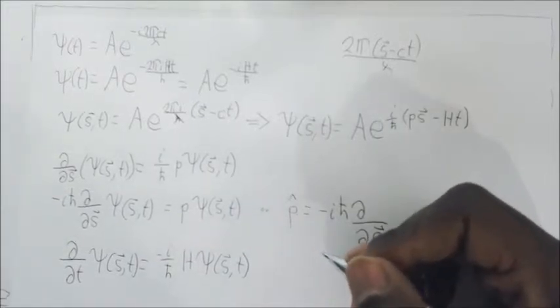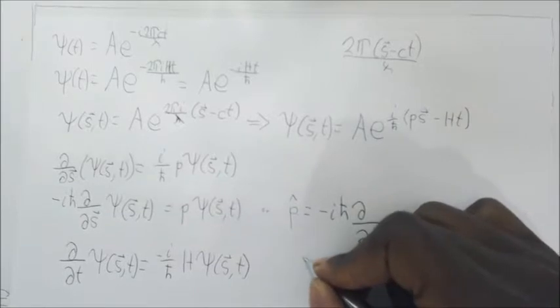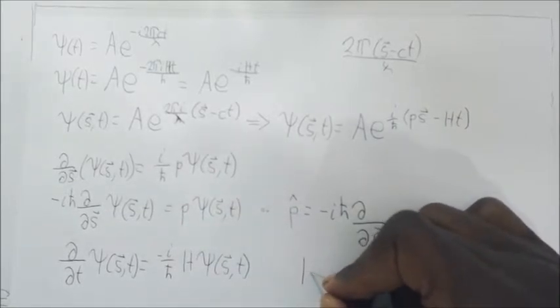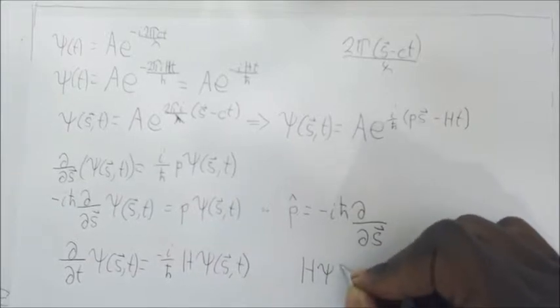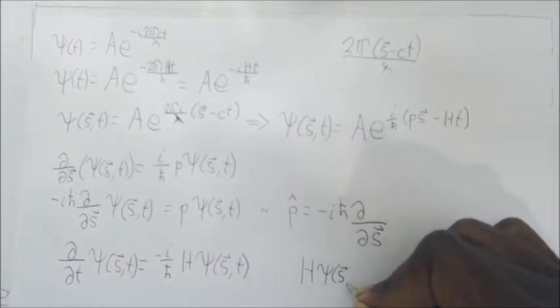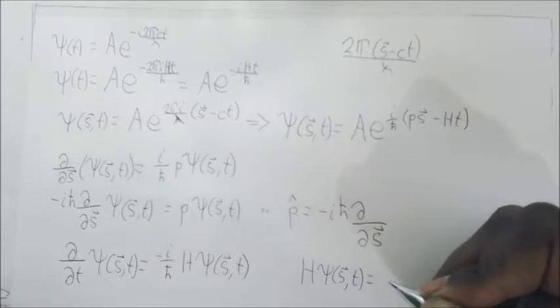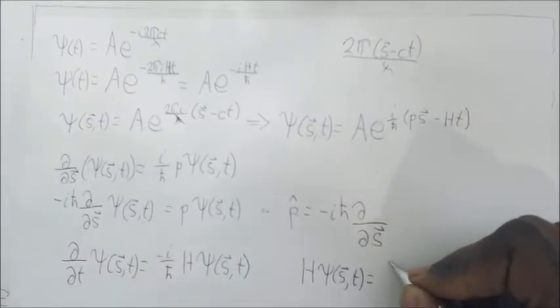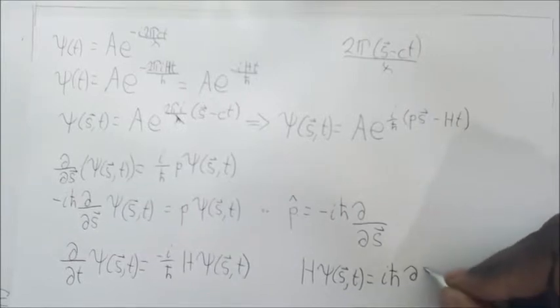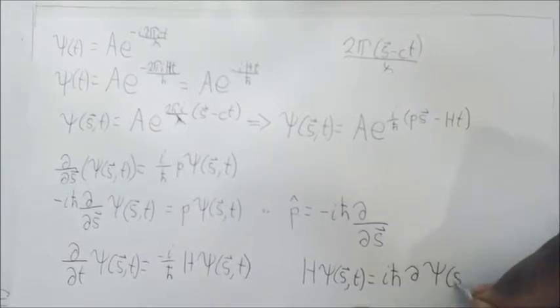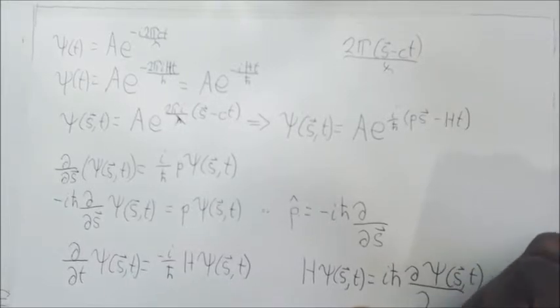So we can say that H times psi of s comma t is equal to i h bar partial derivative of psi of s comma t over dt.